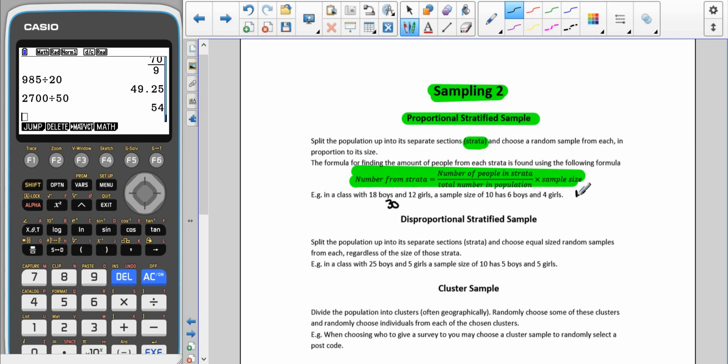So for the boys, the number within the strata is 18, because we've got 18 boys, divided by the total number of the population, which is 30, times 10, which gives us 6. And then similarly, for the girls, we would have 12 divided by 30, times 10, which gives us 4.